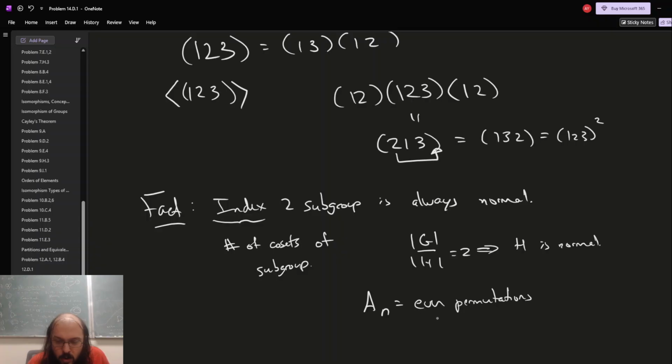And so if you're looking at the group of even permutations, that's exactly half of them. And so it's index 2, and therefore normal. And so again, we would get the conclusion.